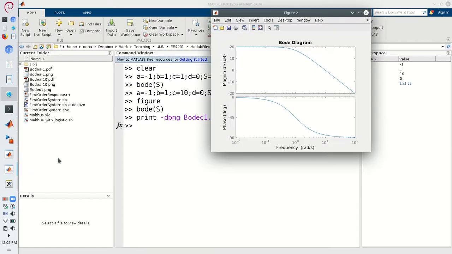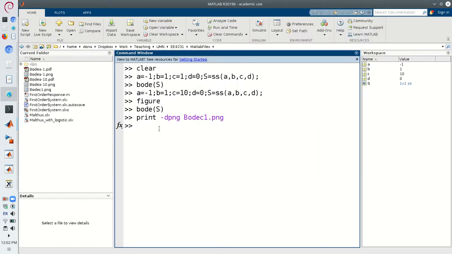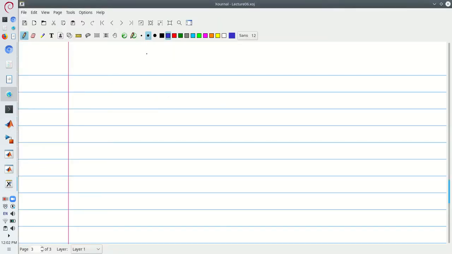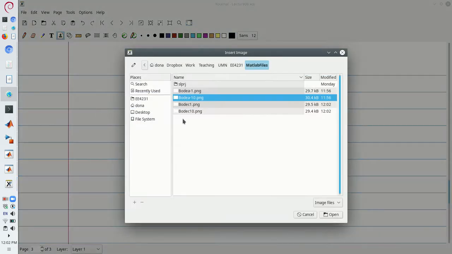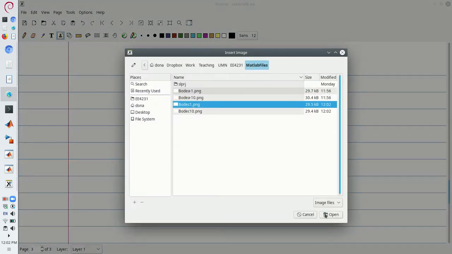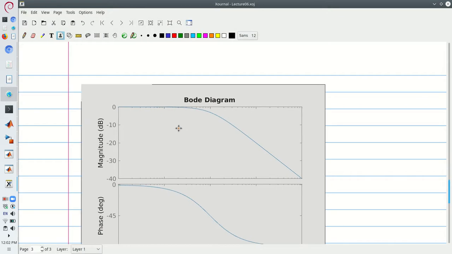And now I'm taking this other diagram and I'm going to call it C equal to 10. And we are going to insert this in our notes. So we go in our notes here. I add the figure. Let's see if this is the correct one. Yes, this is the correct one.